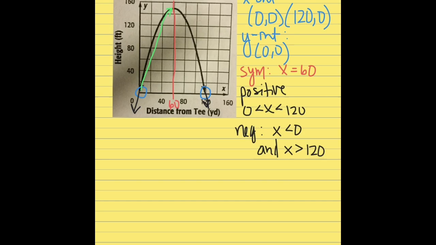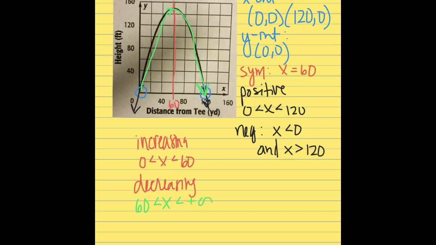This graph has positive slope, so it is increasing from 0 is less than x is less than 60, and it is decreasing here, 60 is less than x is less than positive infinity, because it's going to go on forever. And actually this is probably negative infinity if we think about it.